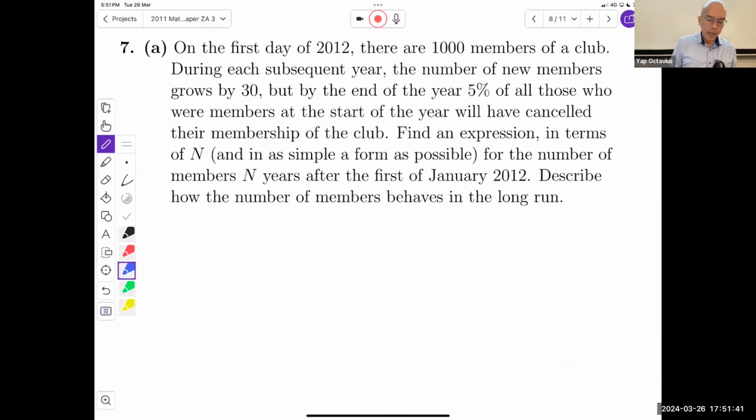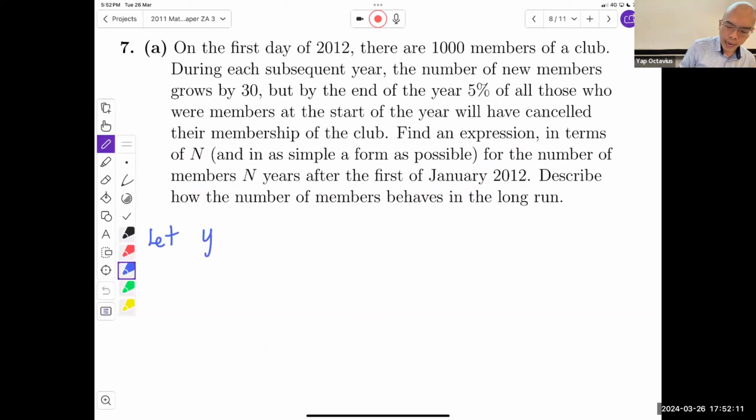Now, I want to bring your attention. You read the question, but the problem with a lot of us is when to put y0 and y1. The y0, y1 is the problem. So if you look at this, find an expression in terms of n for the number of members n years after the 1st of January 2012. I want you to copy that statement.